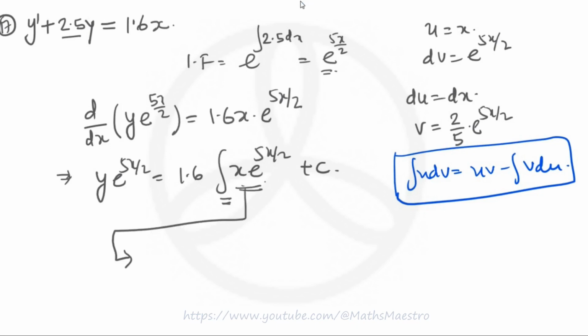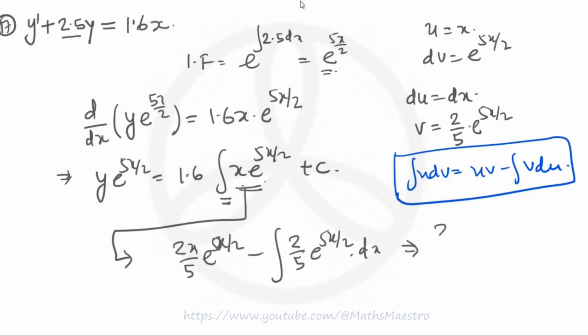Here we take uv, which will be 2x/5 e to the power 5x/2, minus v, which will be 2/5, and du will be nothing but dx, and this will give us 2/5 times 2/5 e to the power 5x/2, and then again this will be divided by 5/2, which means there will be a square of this, or 4/25.